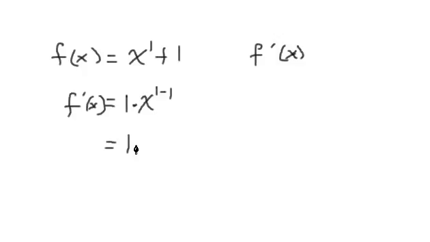This is going to be 1 times x to the 0, but anything raised to the 0 is going to be 1, and 1 times 1 is 1. So as we can see, the derivative of our original f of x, the derivative of x plus 1, is 1.